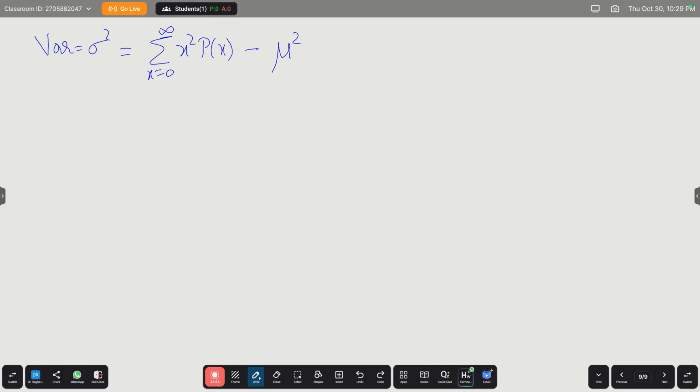Let me start expanding this. Before expanding, as I have already told you, an extra step: x square has to be subtracted by x and added by x again, p of x minus mu square, x running from 0 to infinity.